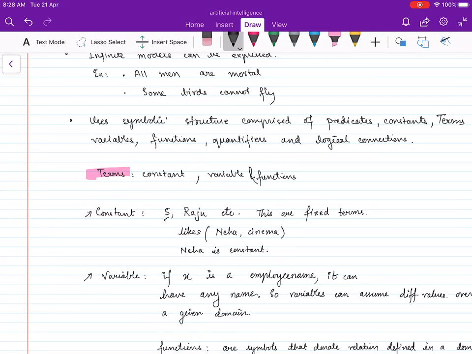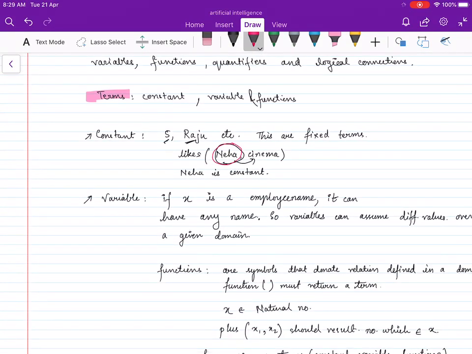These values are fixed. For example, likes(Neha, cinema) is interpreted as Neha likes cinema. Here Neha is a constant term.